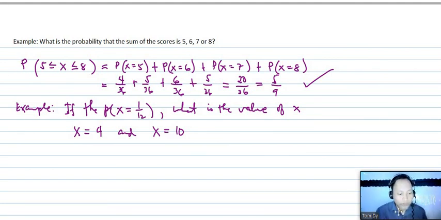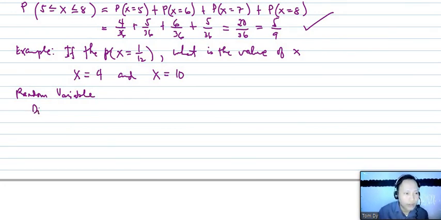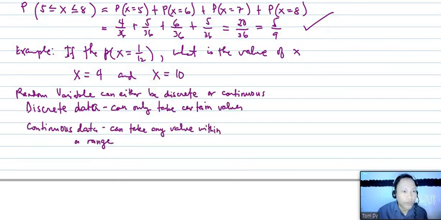Now, a random variable can either be discrete or continuous data. So we will write here: random variable can either be discrete or continuous.